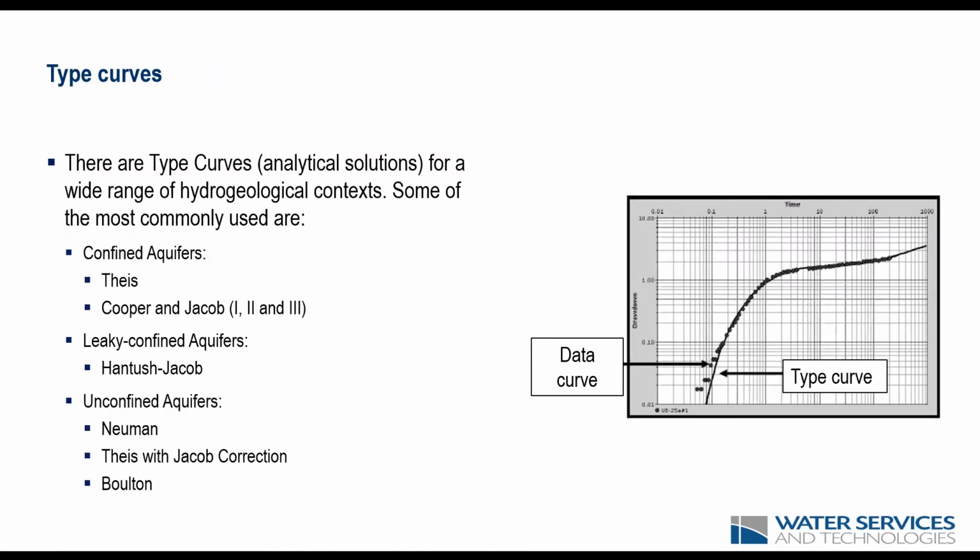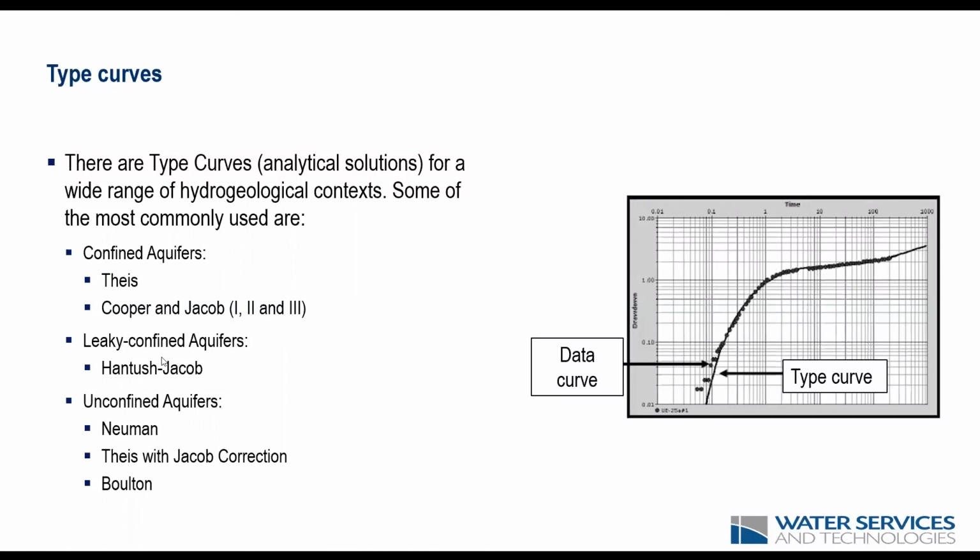Well, each method will have a type curve, which are these analytical solutions. And the main one, which is the basis for all the other solutions, in fact, is the Theis solution, which was the first one developed for confined aquifers, looking at drawdown in transient conditions. Then we have a number of other solutions which are essentially derived from the original Theis solution.